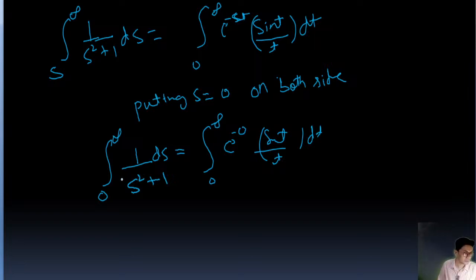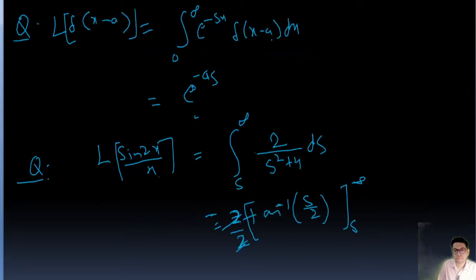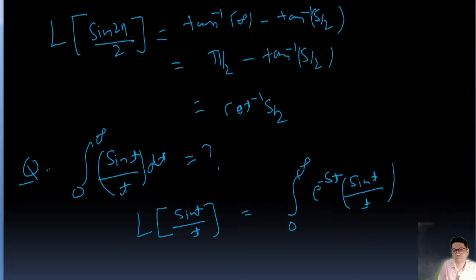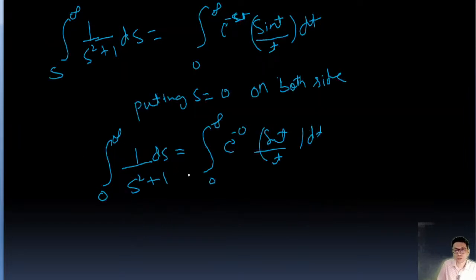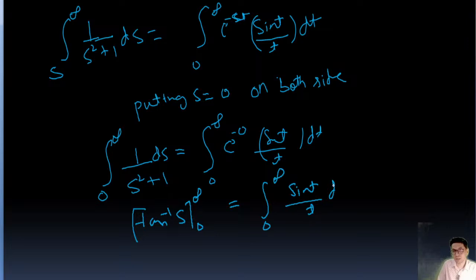Now we'll put the values, so this is going to be tan inverse s from 0 to infinity, and this equals integration 0 to infinity sin t upon t dt. We'll solve this.